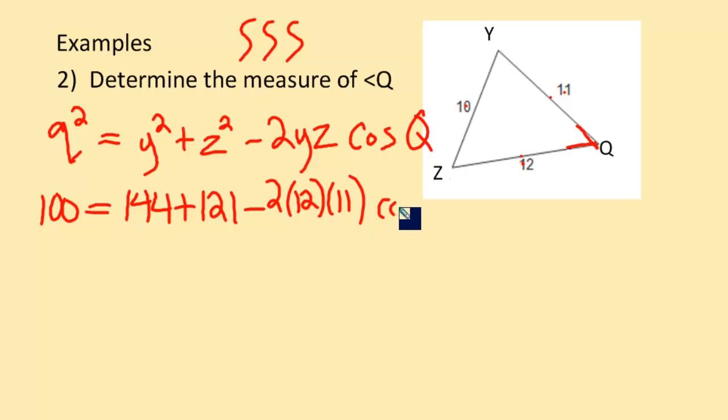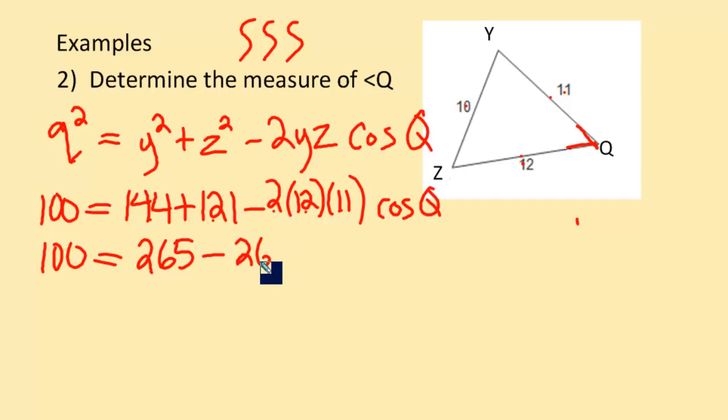The cosine of Q, I don't have anything to sub in for Q, so we'll leave it as a variable. Simplify what we can. 144 and 121 is 265. 2 times 12 times 11 is 264. And then we have a cosine of Q after that.